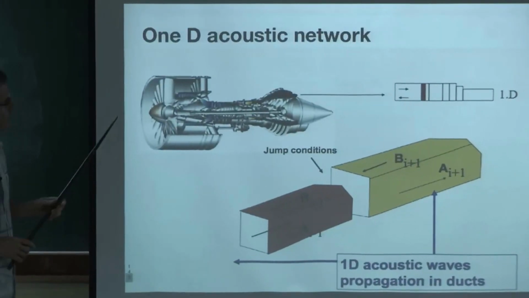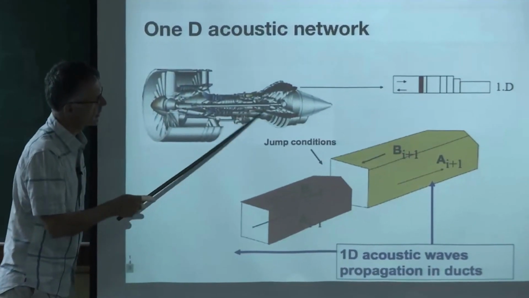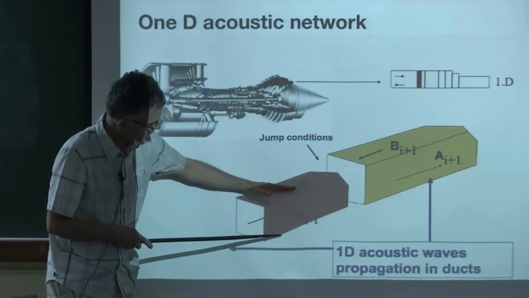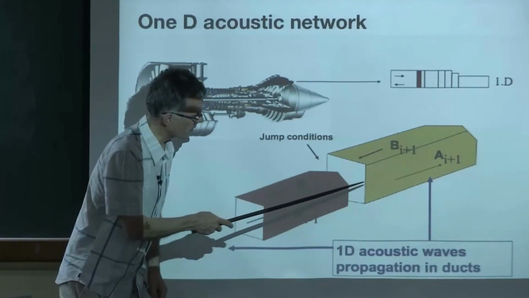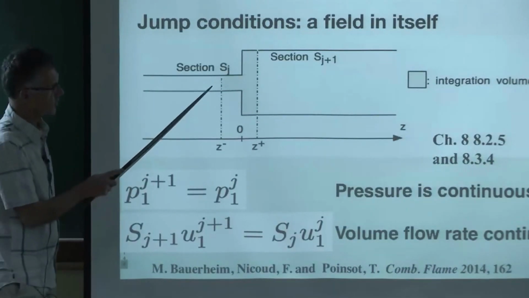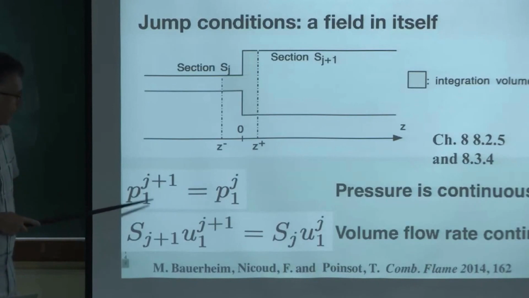So if you look at most of these codes, they just discretize everything according to this rule. Every time an element is discretized, you give it a sound speed. That gives you a matrix. The only problem is how do you assemble them? Well, you have to write jump conditions. For two tubes like that, you express the continuity of pressure, and you express the continuity of the volume flow rate.